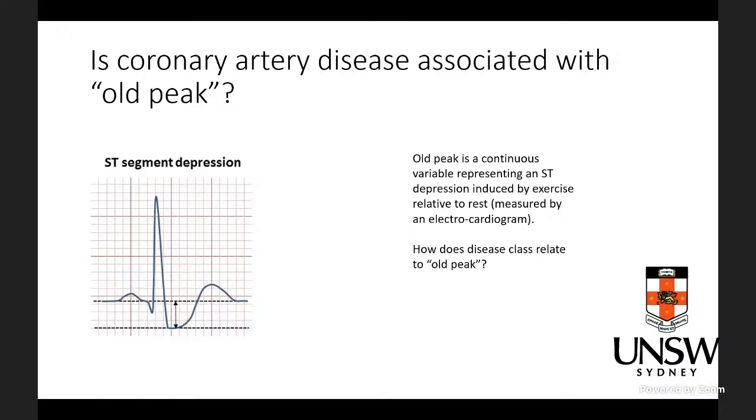Another variable that is in this data set from the Hungarian angiograms is old peak. So I thought I'd talk through how we can visualize the relationship between an ordinal variable, that's our coronary artery disease class, and a continuous variable. Here, old peak is the height of this ST depression.